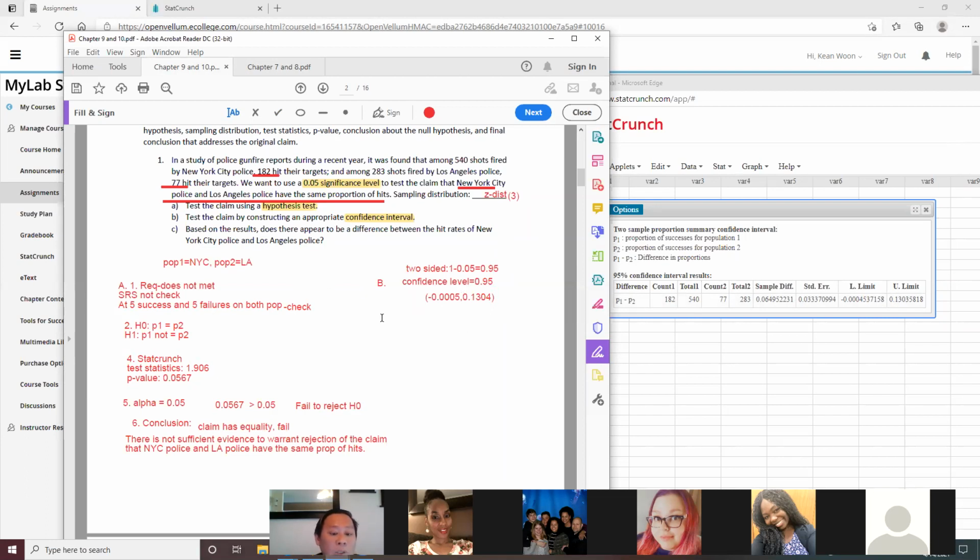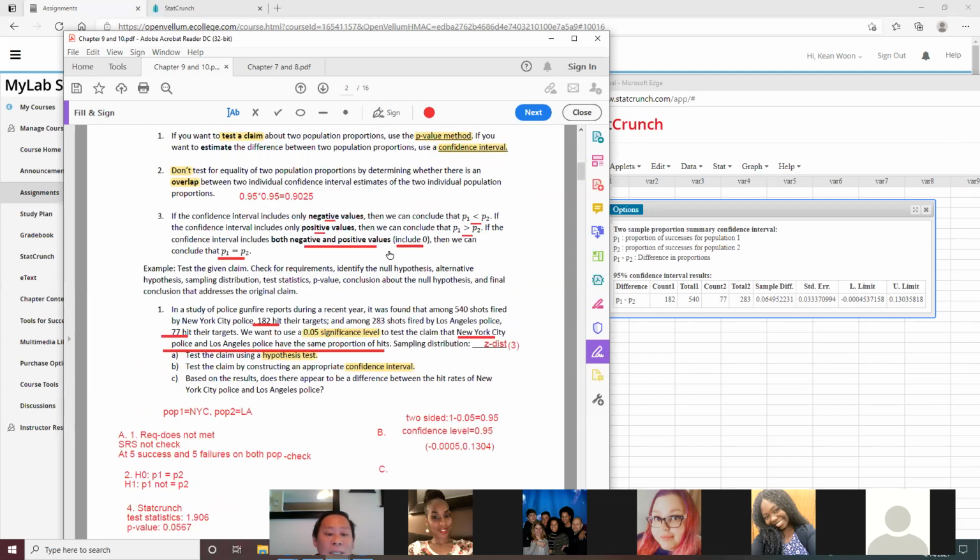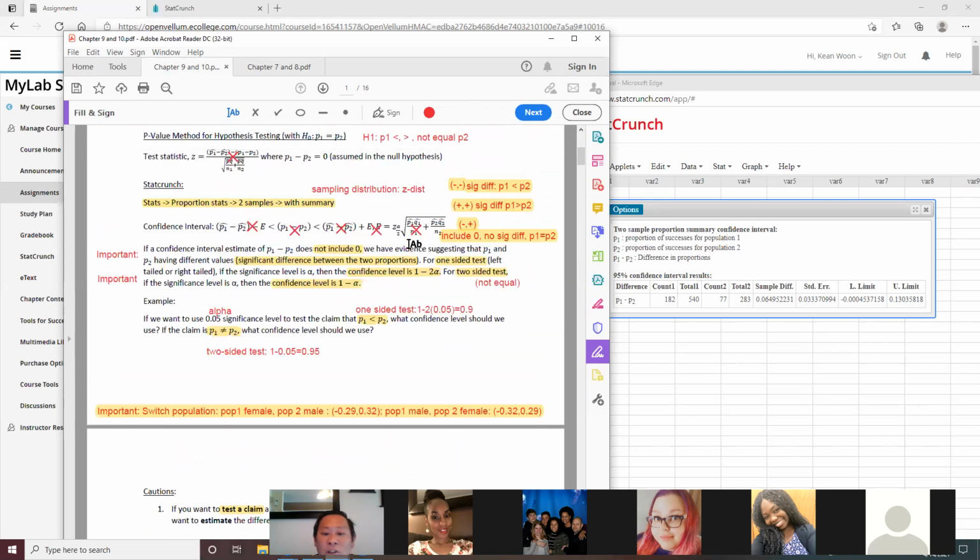Okay. So C in this case is asking, based on the result, does it appear to be a difference between the hit rate of New York City and LA police? In order for us to answer whether there is a difference or not, you see if you capture 0. If you capture 0, it's no significant difference.